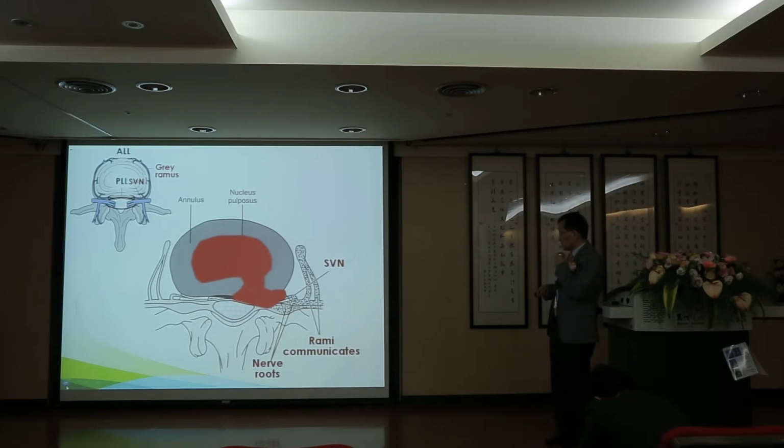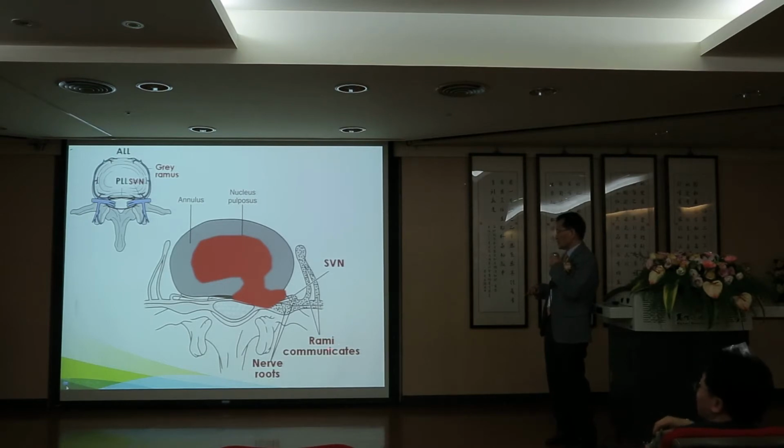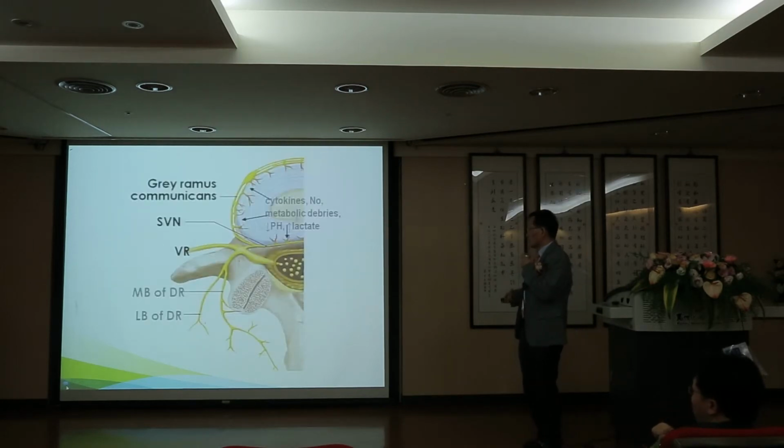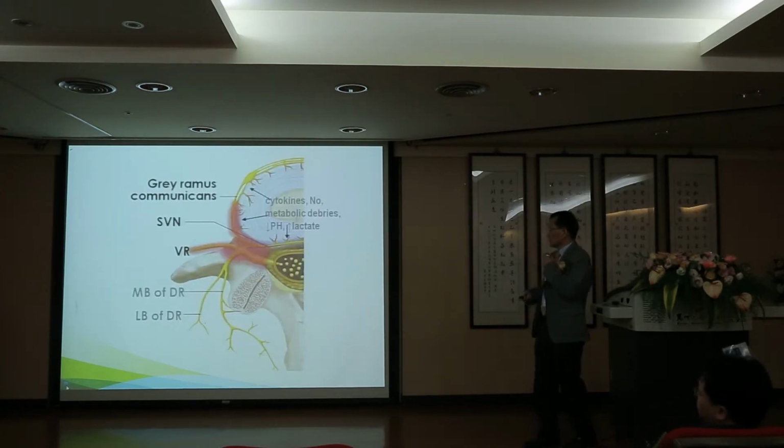Disc can stimulate the nerve root and also the sinuvertebral nerve. So we have to treat all kinds of them. That is, epidural steroid covers the nerve root here, and then the sinuvertebral nerve, to treat radicular pain or radiculopathy.